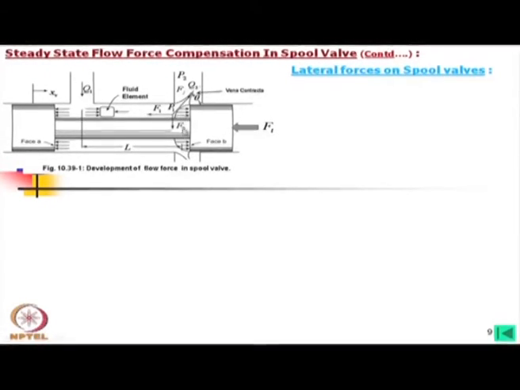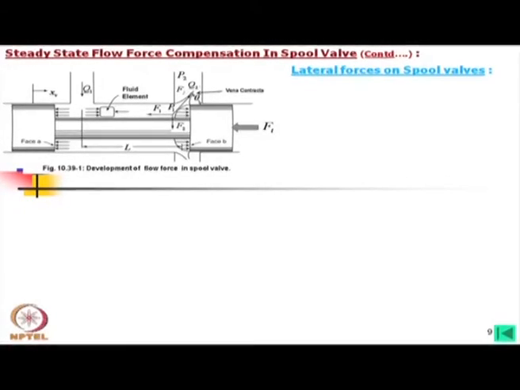But there is also the lateral force F2. For the full rectangular port or for uniformly distributed small rectangular ports, or may not be rectangular also, uniformly distributed, if we look into this F2, ideally they are equal and opposite. So, they are cancelling each other.